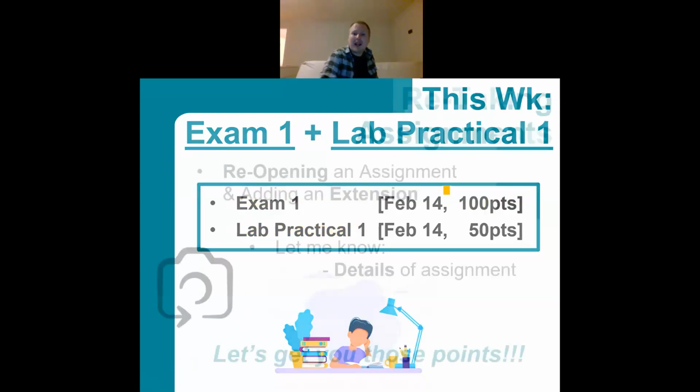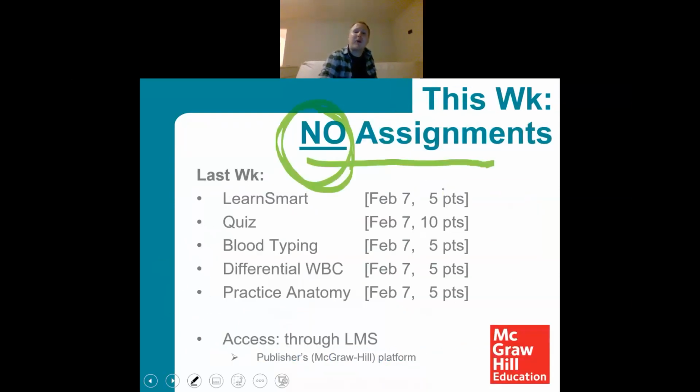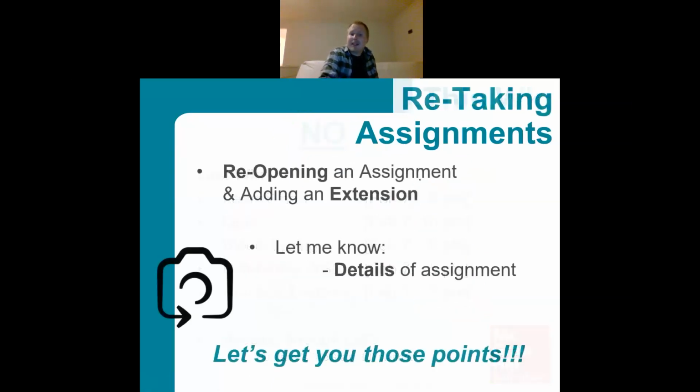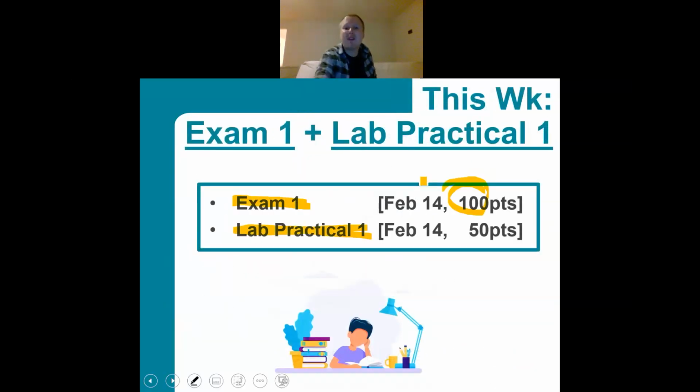The importance of that probably makes sense when you refer back to the amount of points that are available on a weekly basis. So really, skipping an exam puts you at a huge disadvantage in terms of getting the points that you might need for the final grade that you're after. So that was 100 points for the exam, and half of that, 50 points, for the lab practical.